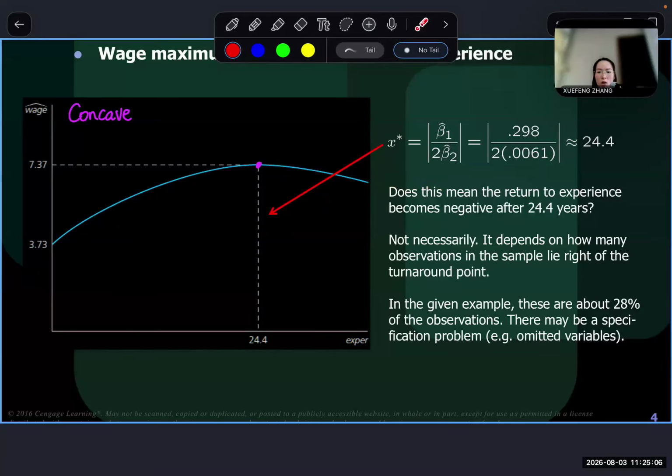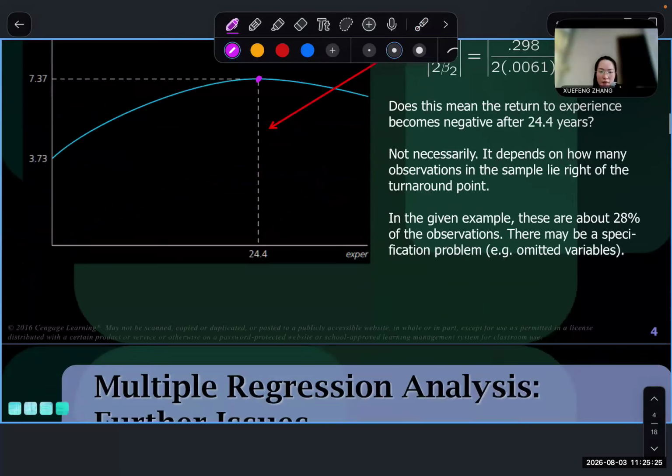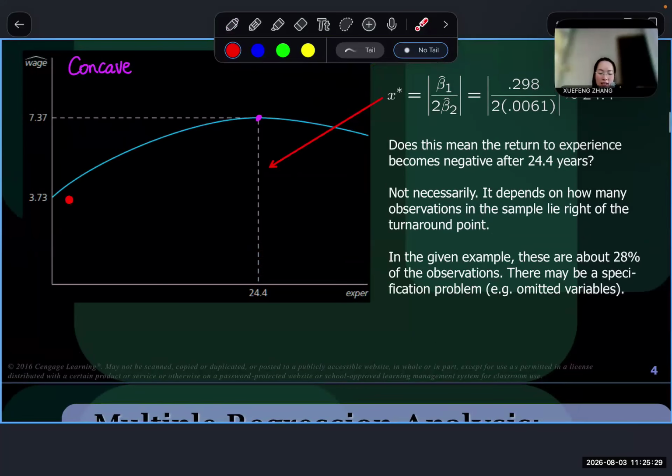Once we fit our regression, beta 1 experience plus beta 2 experience squared, this shape is fixed. It's a parabola. It must turn around and come back down eventually.